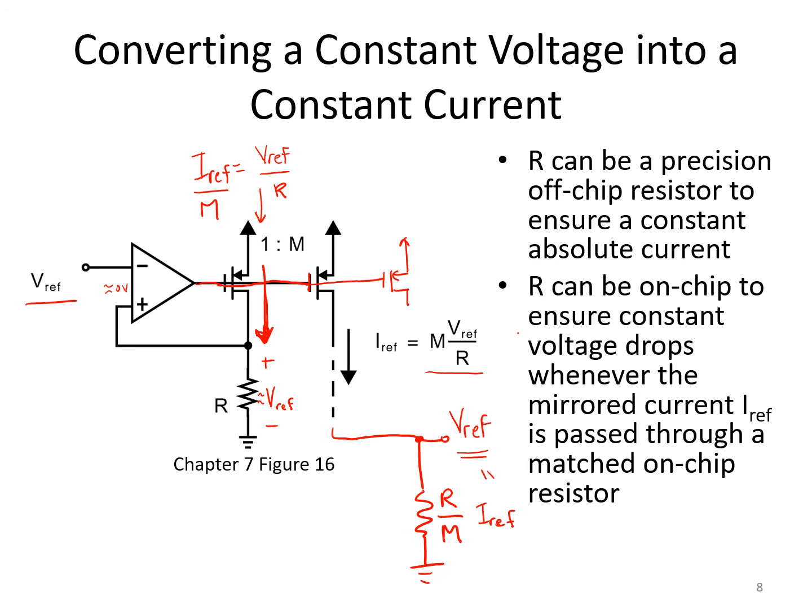So really the only reliable way to get an absolute constant value of current is to use this same technique, but to make R an off-chip resistor.